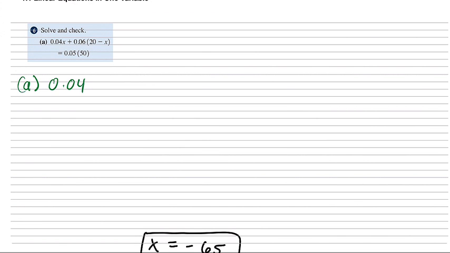We have 0.04x plus 0.06 times 20 minus x equals 0.05 times 50.